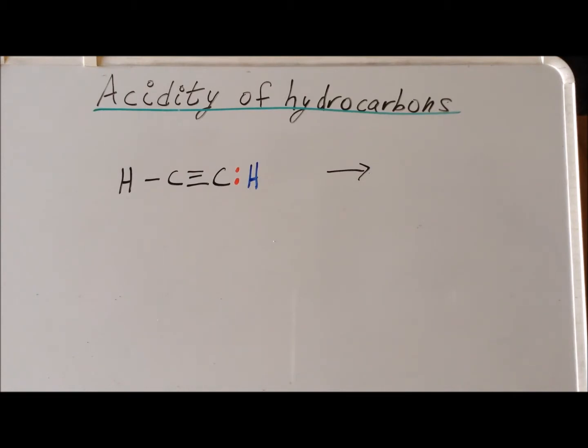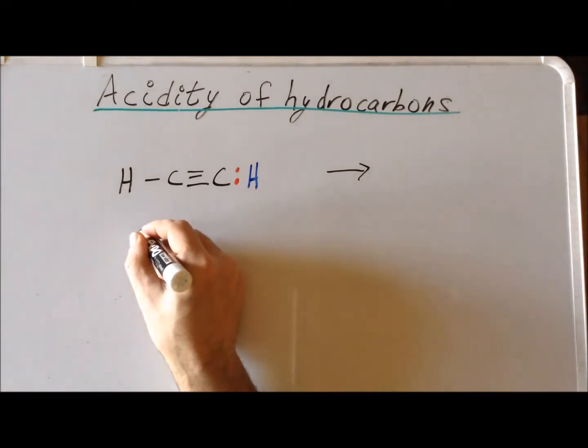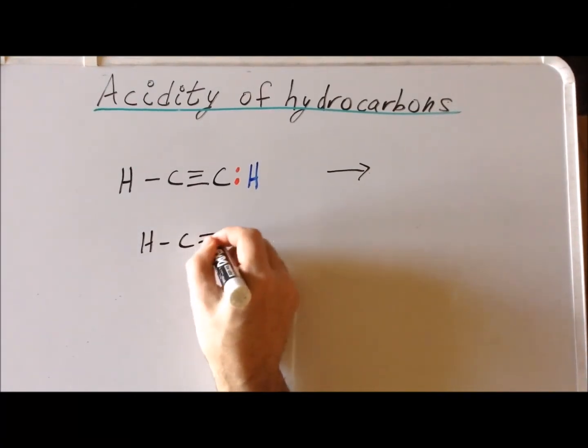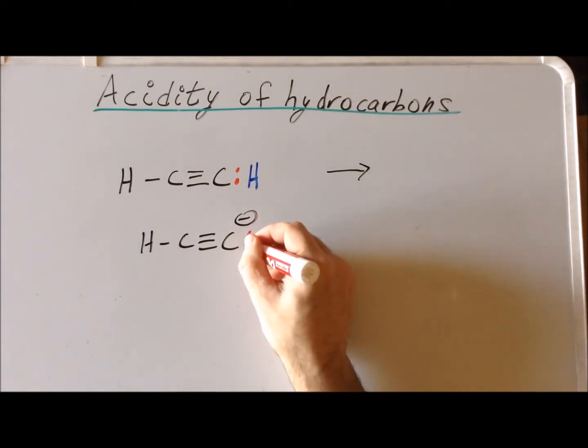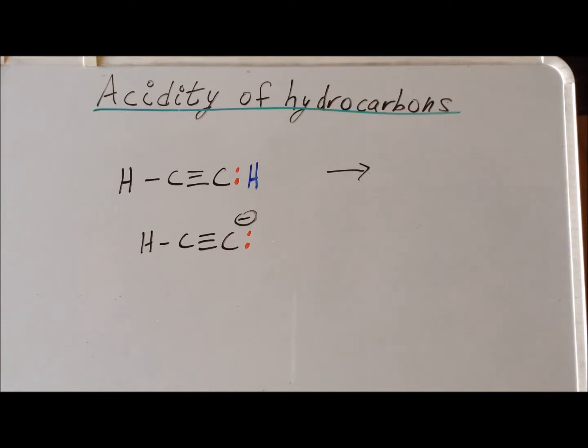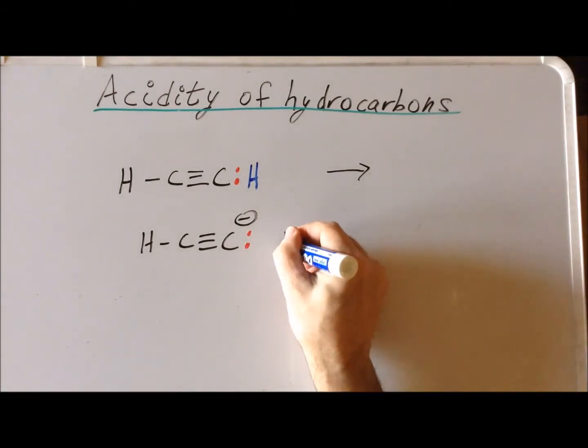We would expect trigonal planar 120-degree angles for sp2 hybridized carbon, and we would expect 109.5 degree bond angles for sp3 hybridized carbon. So when this acts as an acid, we are left with the acetylide anion behind, plus H+.